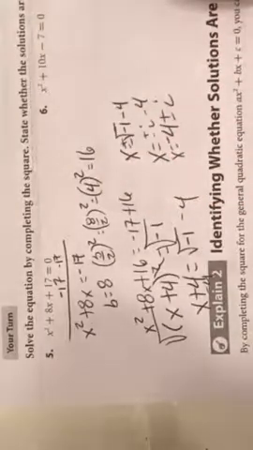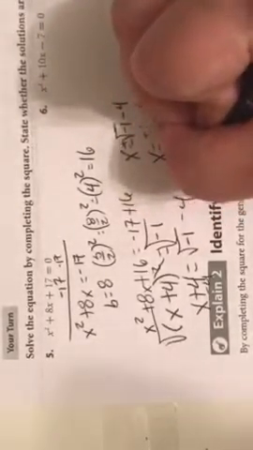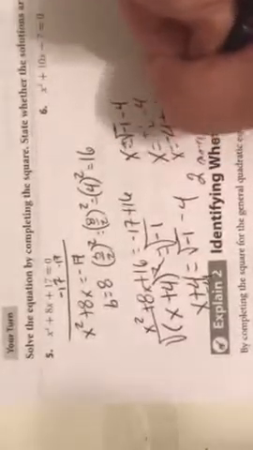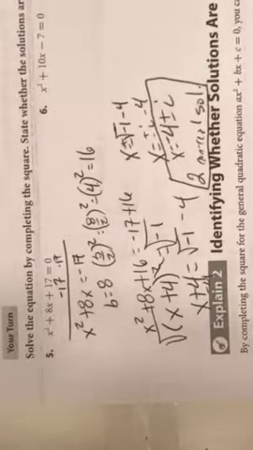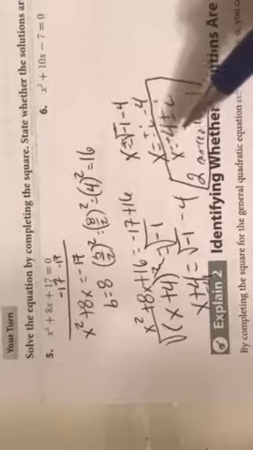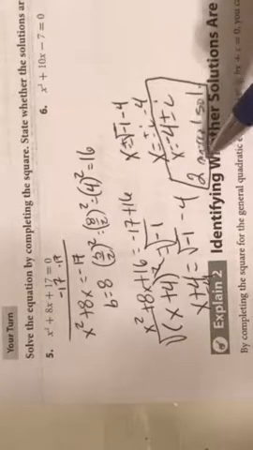So we have 2 non-real solutions, where x is negative 4 plus or minus i. So let's take a look at number 6. We're going to add 7 to both sides.